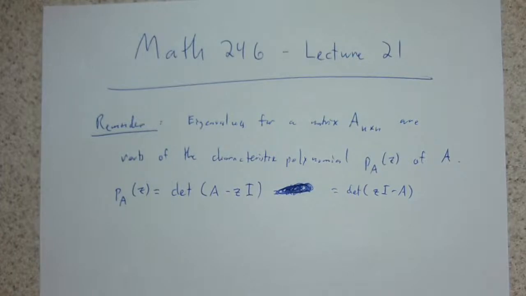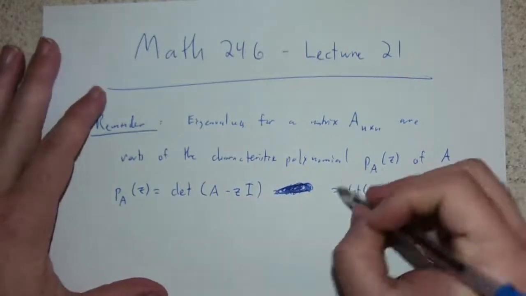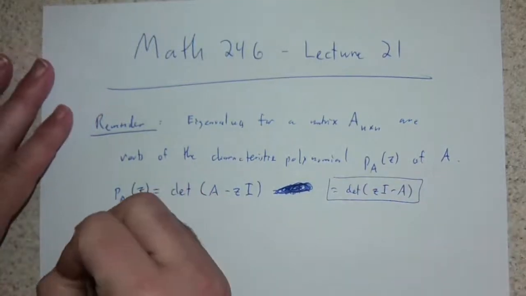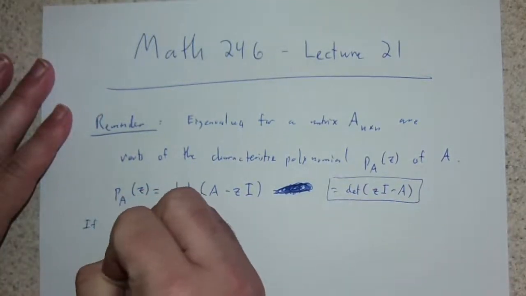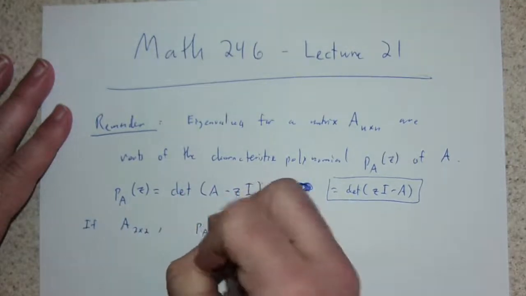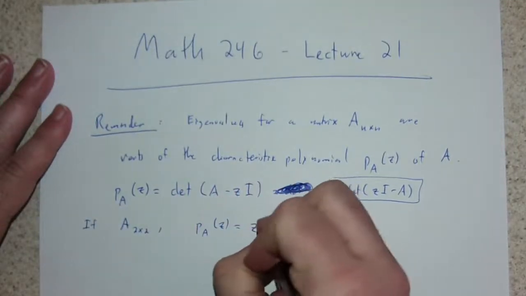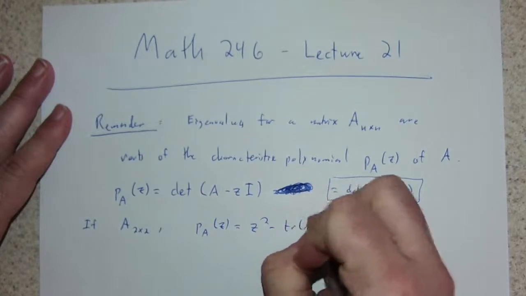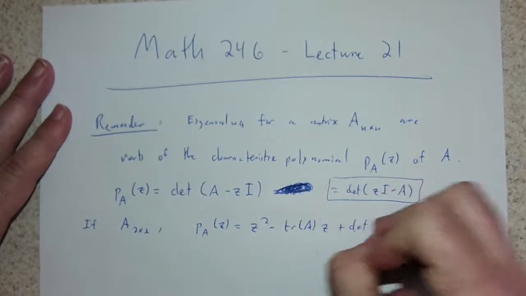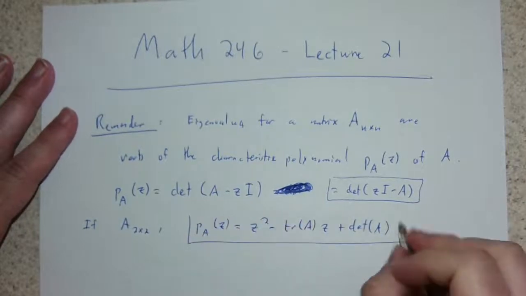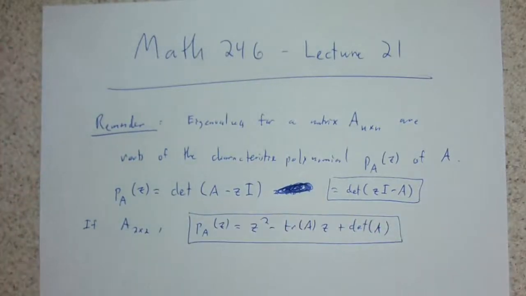So the main thing to remember is for the 2 by 2 case, we actually had a shortcut here, right? If A is 2 by 2, then the characteristic polynomial we could write as z squared minus trace of A times z plus determinant of A. This is a handy shortcut, it allowed us to find the characteristic polynomial really quickly without having to go through the whole algebra of computing that determinant.